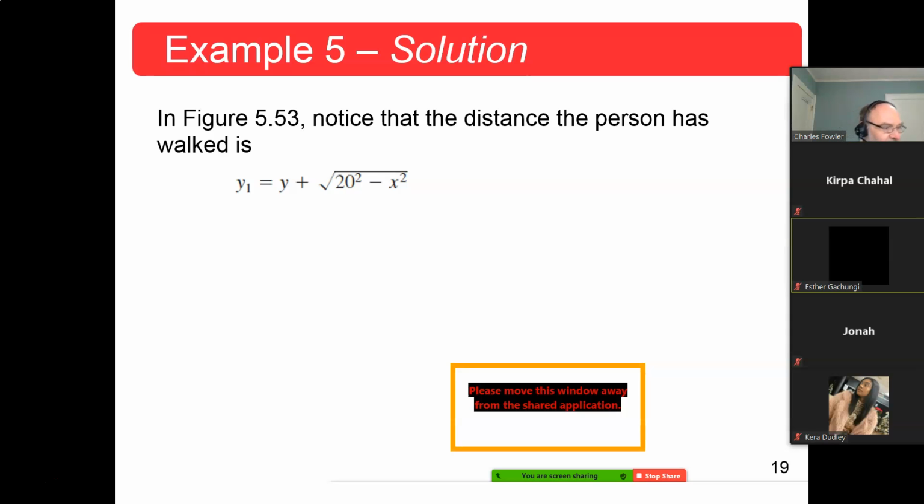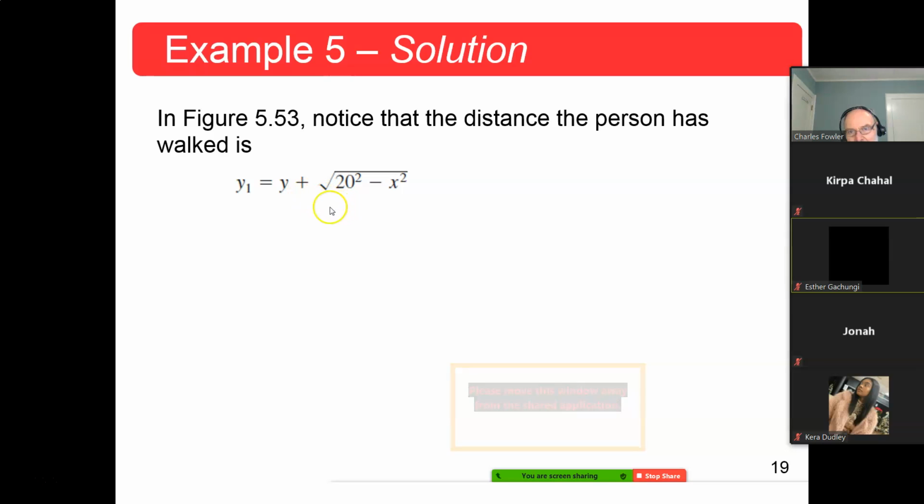We're doing example 5 in 5.9, which we're not responsible for, and this, by the way, is on page 378. This is the distance the person has walked according to this. Well, now it won't advance.